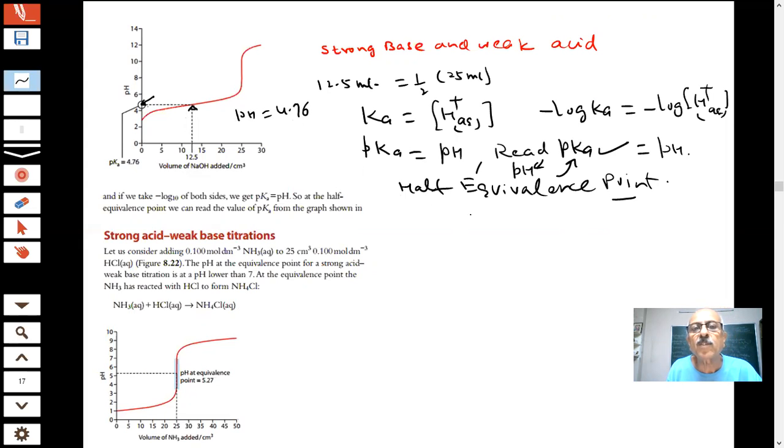So the pH of this titration curve is 4.76, which is also the pKa of CH3COOH. Got it? So we can determine the pKa from the pH titration curve for a strong base and weak acid by using half of the volume of NaOH. Got it? Understood? Yes, sir.